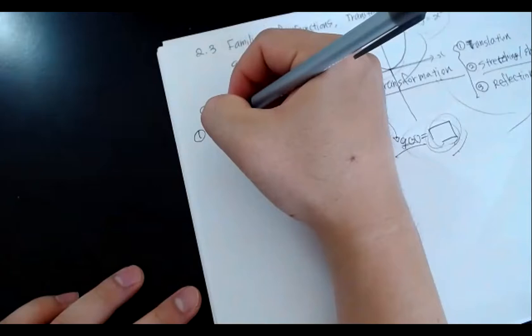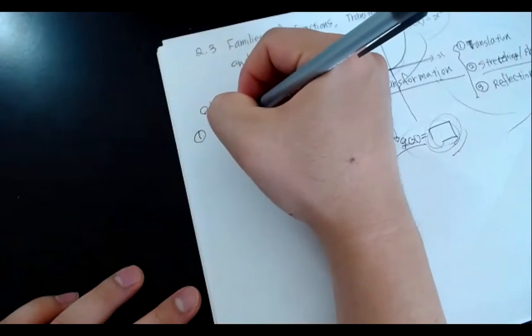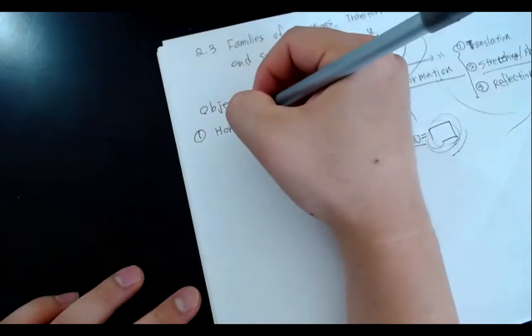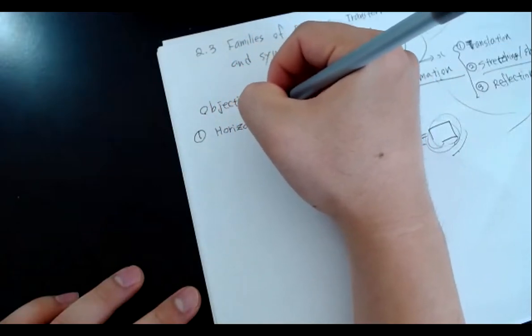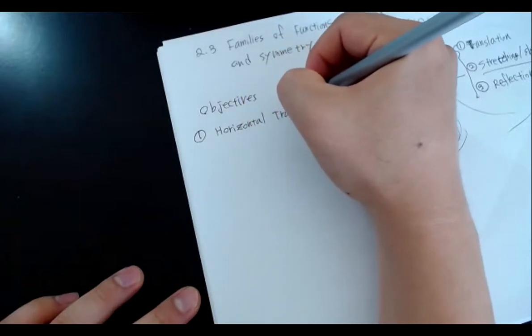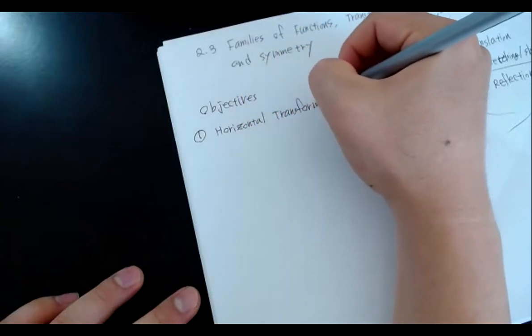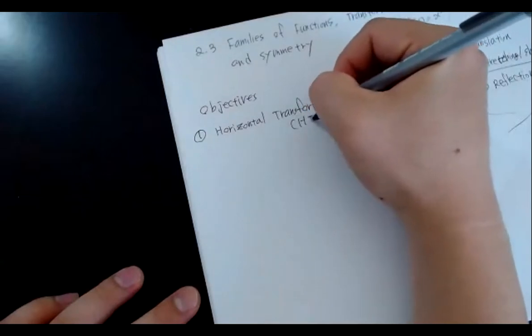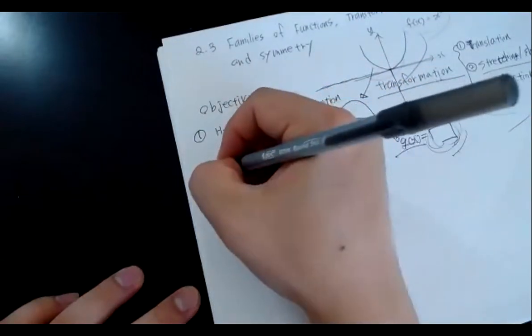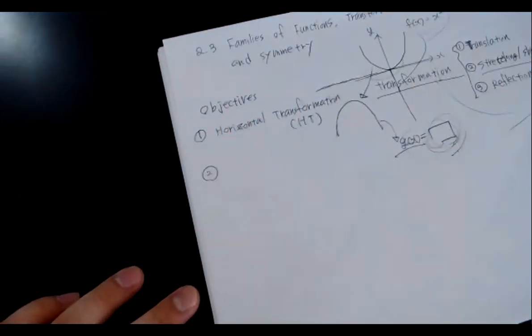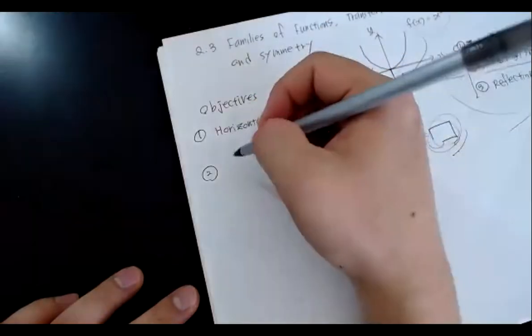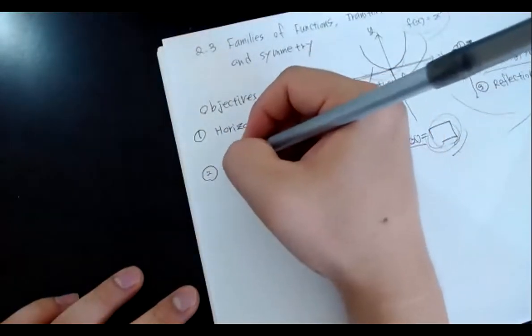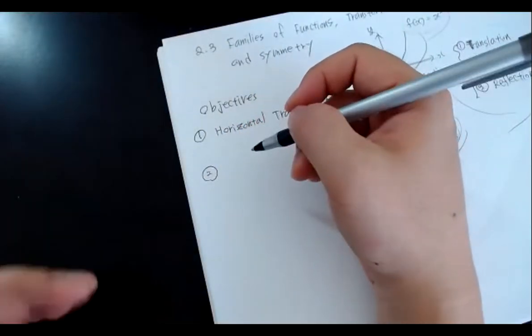One is horizontal transformation. Normally, just say HT. And the second one, let me mention the vertical translation later. And then stretching, compressing, or shrinking, it doesn't matter.